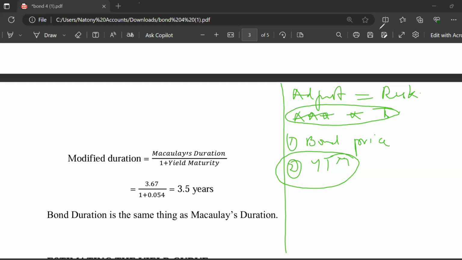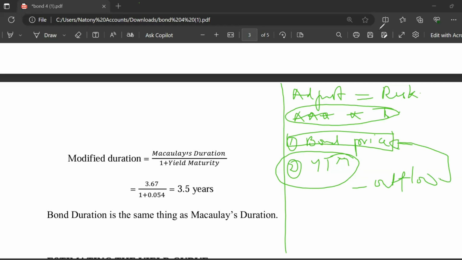If your examiner asks you to calculate the YTM without telling you to calculate the bond price, you should know that for you to calculate the YTM, you definitely need to calculate the bond price first, if not given, because your YTM uses the cash outflow for year zero, which is the bond price.